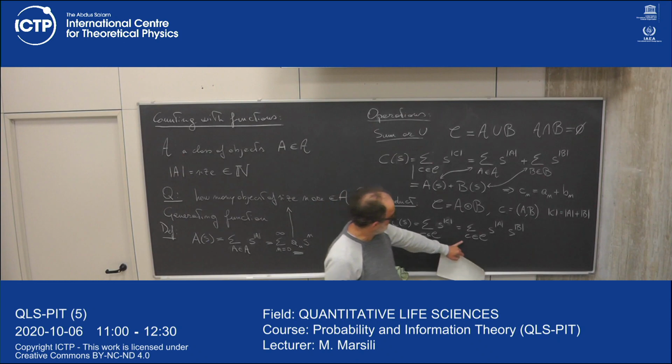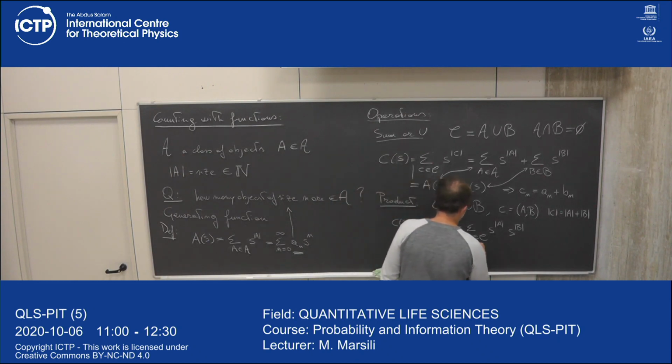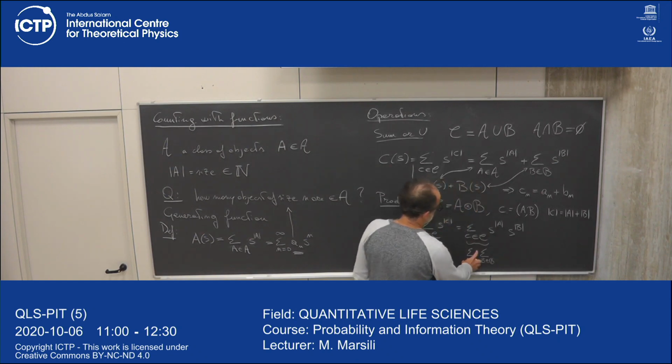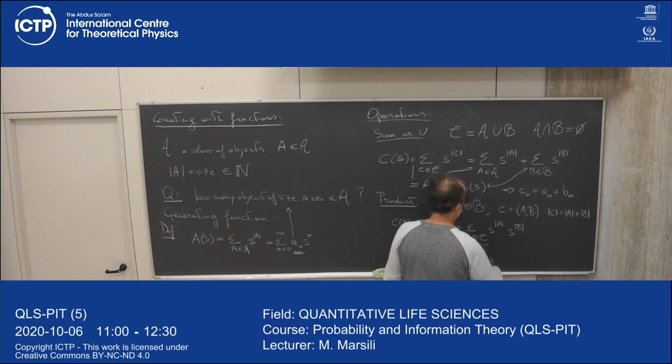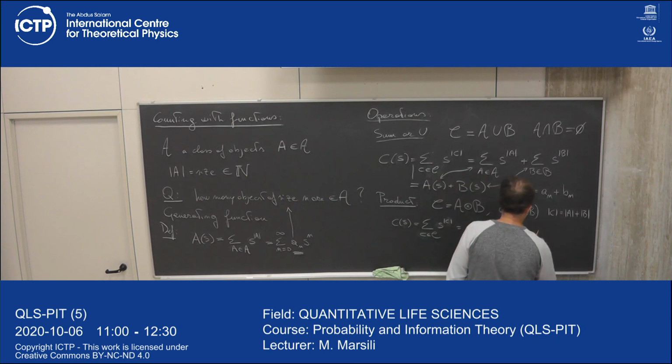Okay? At the same time, this sum I can also write as a sum over all the objects in A and a sum over all the objects in B. Okay, so you can see that I can factorize this sum times S to the A, this sum times S to the B. So what I get is the product of the generating functions.